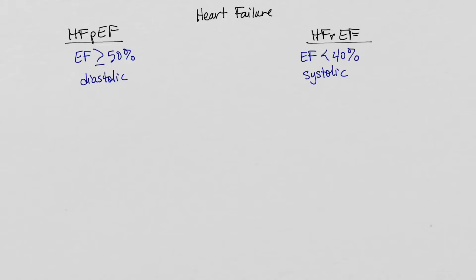So you can actually have these two things happening at the same time, but I think we can just put that aside for now. If you want to talk more about it, then see me or send me a message. But for now, we're going to describe heart failure with preserved ejection fraction as being a diastolic problem and reduced ejection fraction as being a systolic problem, and I think it will work for the most part.